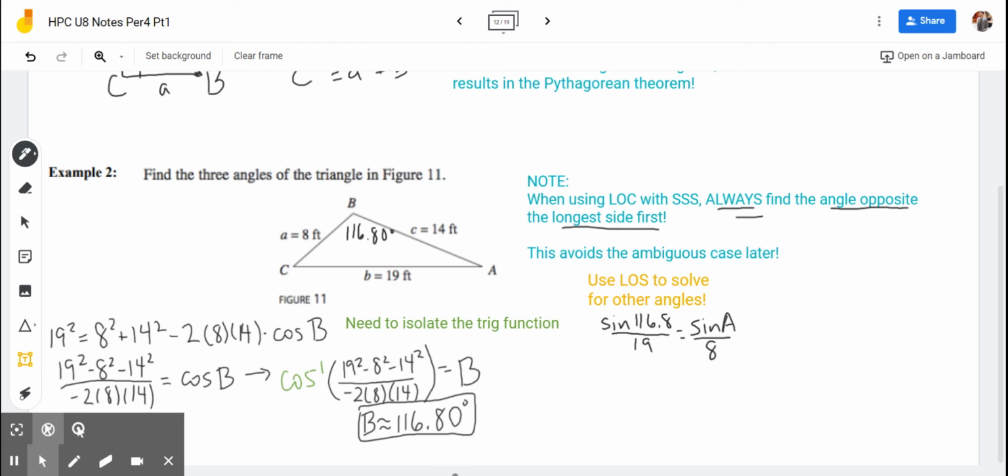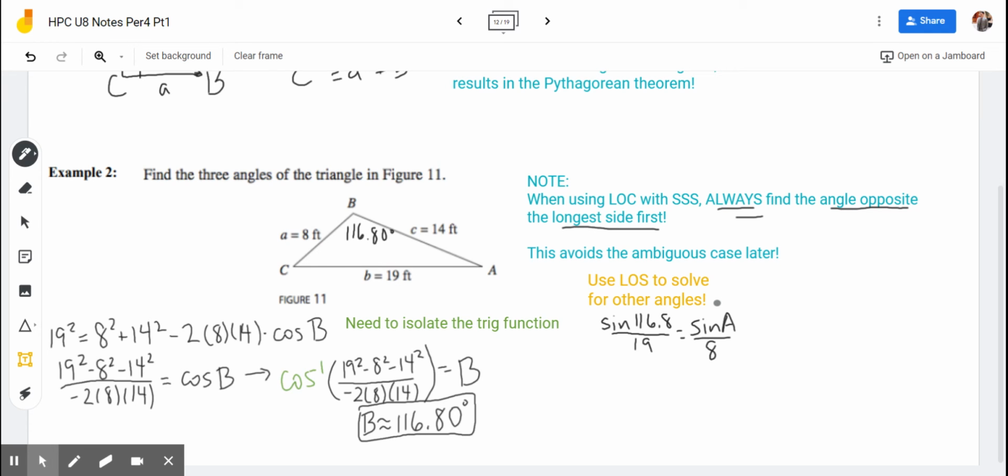I just had to move some stuff over so I would have a little bit of room to solve for this here. So we set up the law of sines to solve for the other angle. So we'll have sine of 116.8 over 19 equals sine of A over 8.